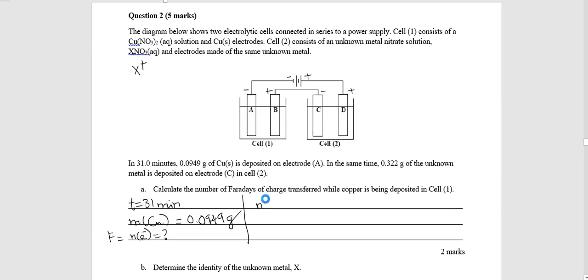So I'm going to find n of copper, which is mass divided by molar mass, 0.0949 divided by 63.5, which is 0.00149 mole.